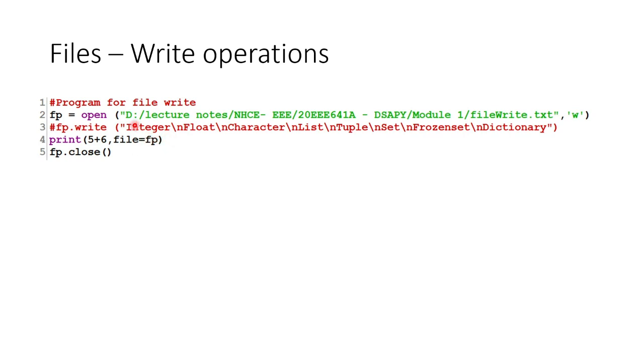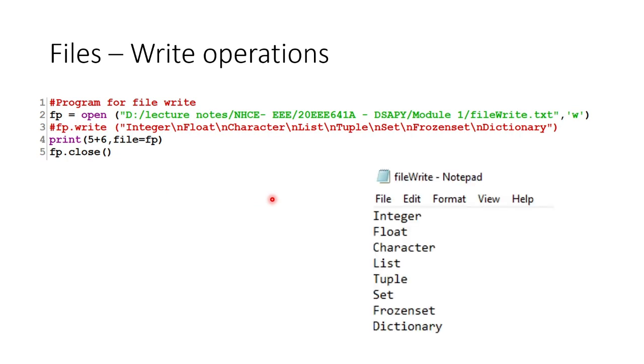FP is nothing but a buffer for the file write.txt, which in turn will direct the result into this particular file, and the value can be stored there. Once the work is done, as usual, we can close our file by using the close function. For both reading and writing, we need to close the file after doing the operation.